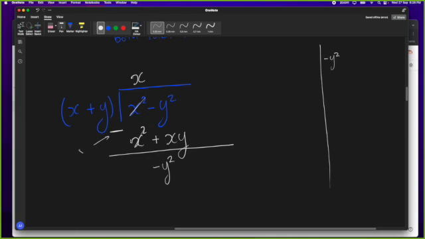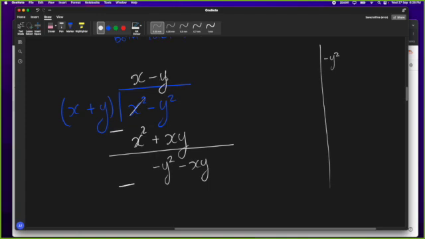So that minus sign will make that plus xy a minus xy. So now, what I have to do is get rid of this biggest value here, minus y squared. In order to get rid of minus y squared, I'll put minus y on top of here.